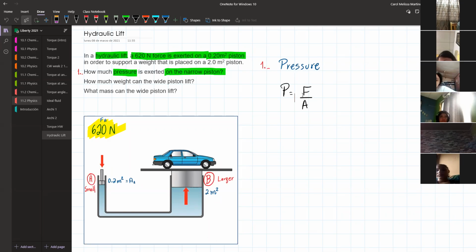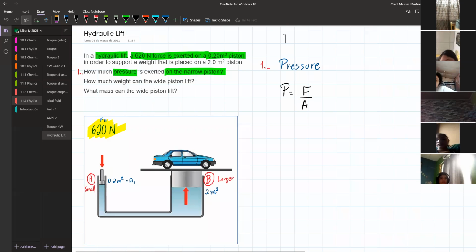That is the equation we're going to use to calculate pressure. But because it says the narrow piston, I will include the information only from the narrow piston, which is located in position A. So I will divide the force applied in A by the area of piston A.